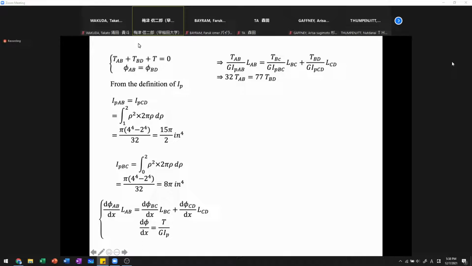I'm sorry. Anyway, you can get the value of IPAB, IPCD, and IPBC respectively, from this equation that I showed in the former slide.